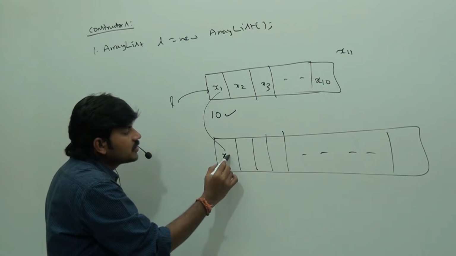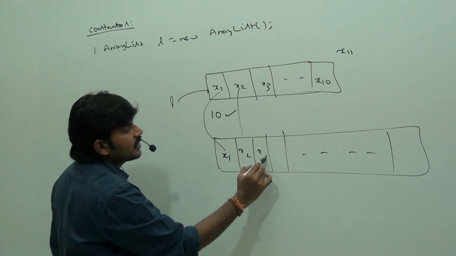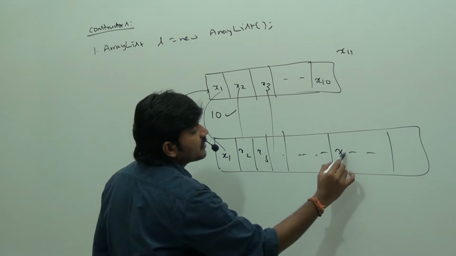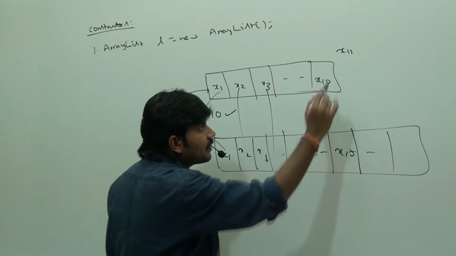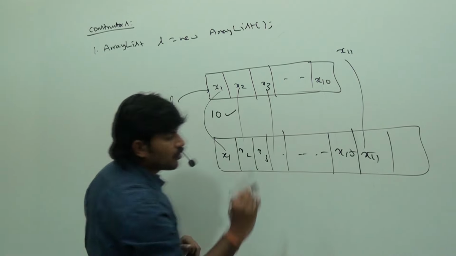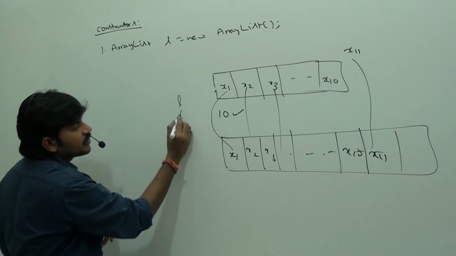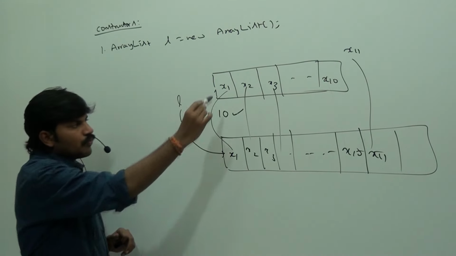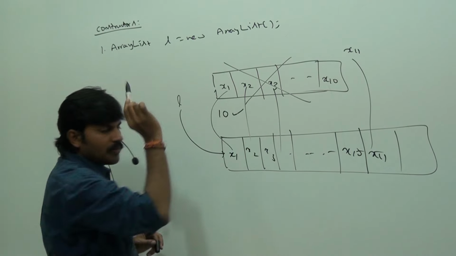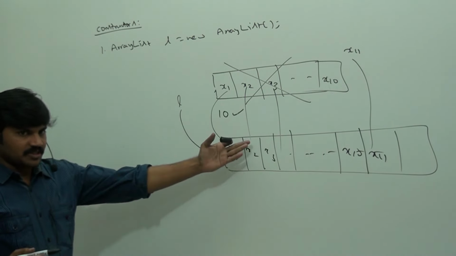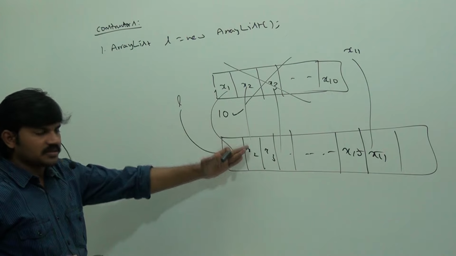Copy all these, x1, x2, x3 and so on up to x10, and then x11 is placed, and the reference variable is reassigned to the new object. The old object is by default eligible for garbage collection. I explained this concept in the last classes, right?